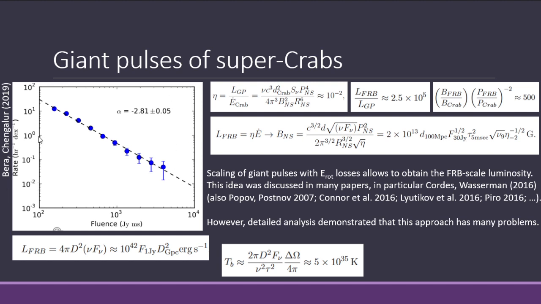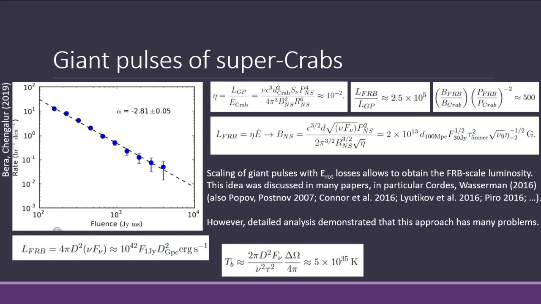We have the rate on the vertical axis and energy, actually fluence on Earth, on the horizontal. And if we, just by hand, continue this line, we can suggest that with this extrapolation, we can have relatively rare but very powerful radio flares from radio pulsars.